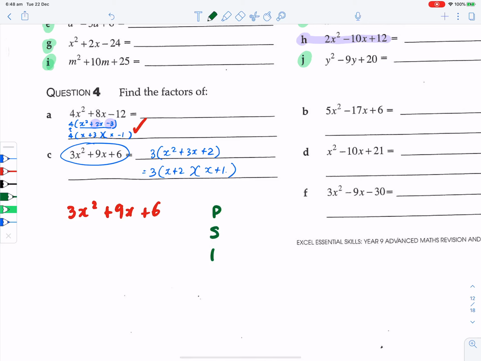So write down PSF. The product is 18, the sum is 9. Okay, so what numbers multiply to give 18 and add to give 9? Those numbers are 6 and 3. Because 6 times 3 is 18 and 6 plus 3 is 9. So go ahead now and do 3x squared plus 6x plus 3x plus 6.